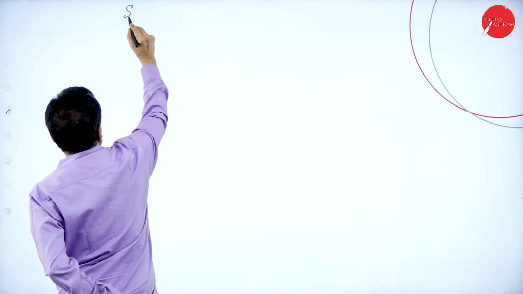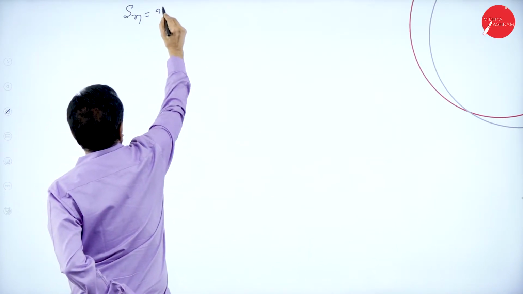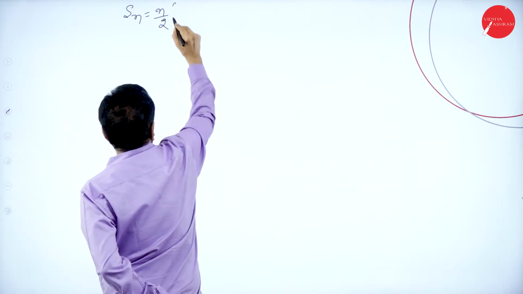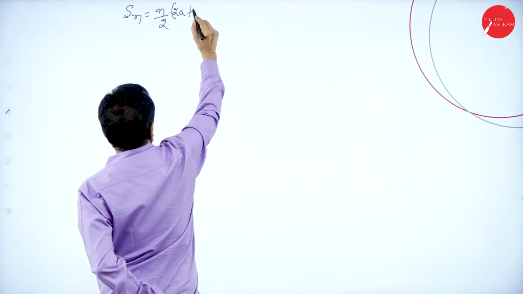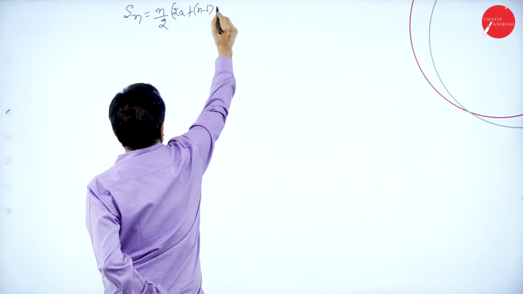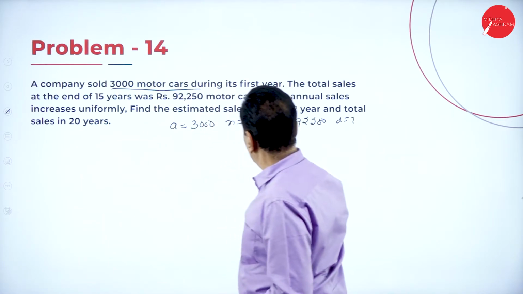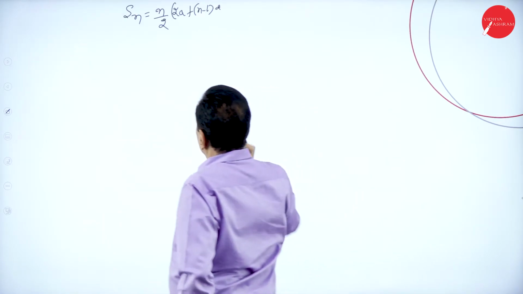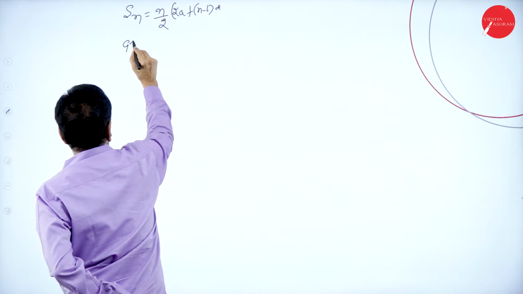Apply Sn is equal to n by 2 into 2a plus n minus 1d. What's your summation? 92,250.